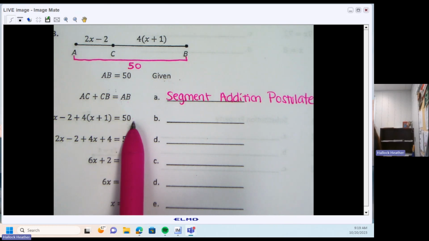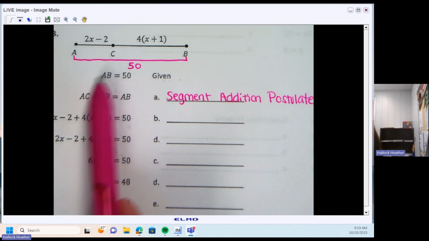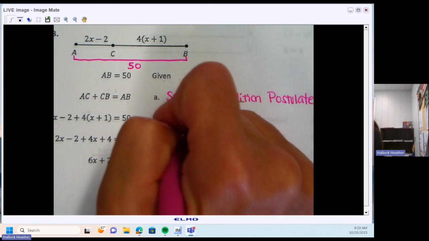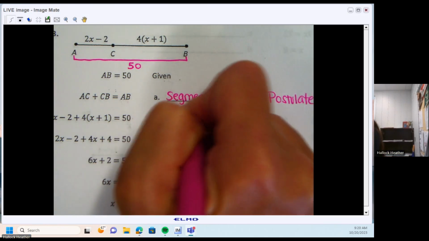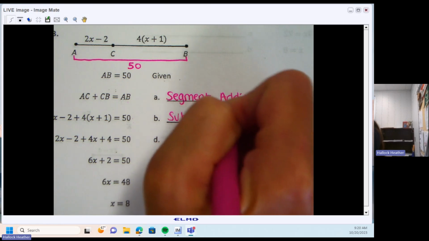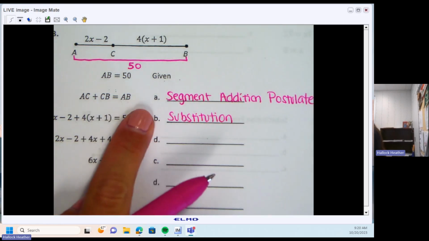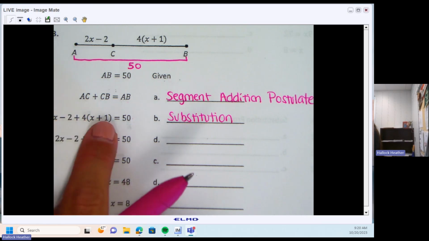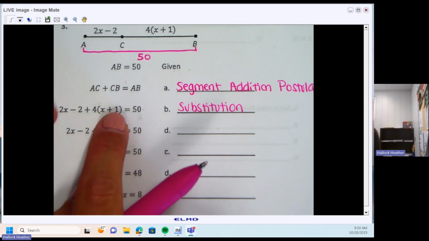Think back to like 6th grade, 7th grade. It's when you would have started using this property technically. If I take a letter and I replace it with a number. Substitution. So this step is going to be called substitution because I'm substituting in each of these lengths. I know these lengths are equal to these little parts, so I can plug them in, replace them with substitution.